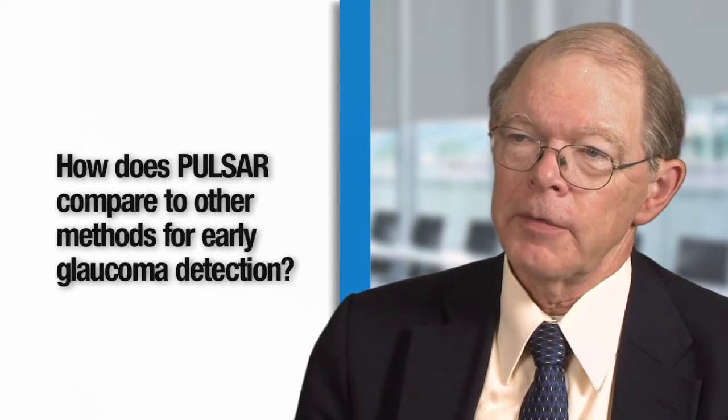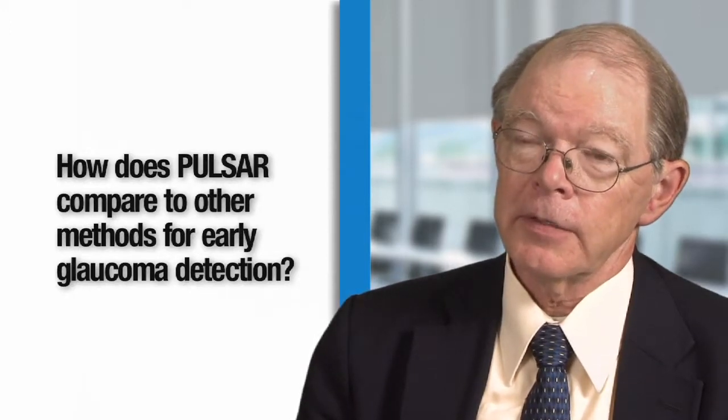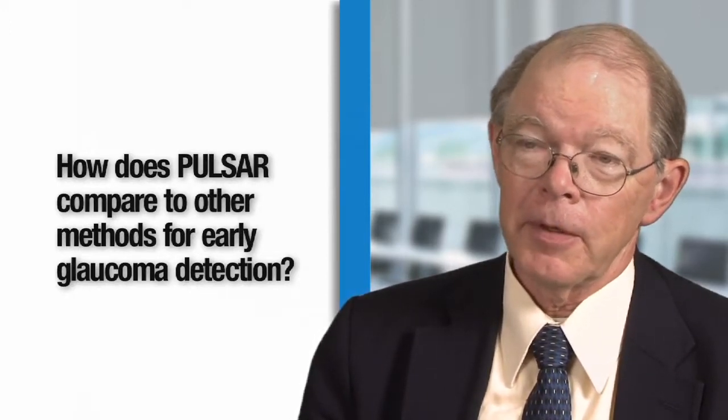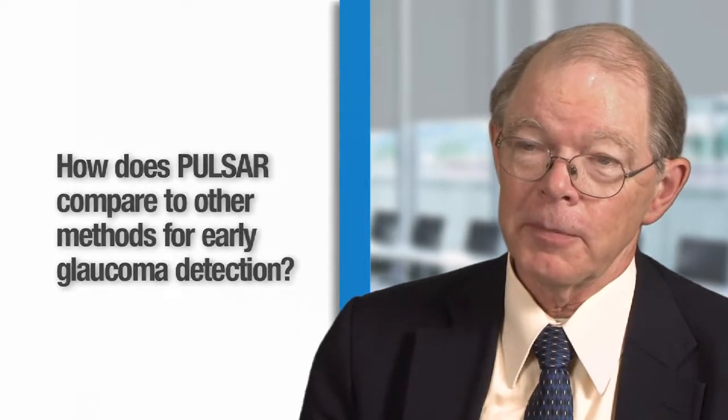Pulsar was evaluated with several other techniques, one which I helped develop called frequency doubling perimetry, also matrix perimetry, and standard perimetry. And we also had several structural tests as well as visual function tests.